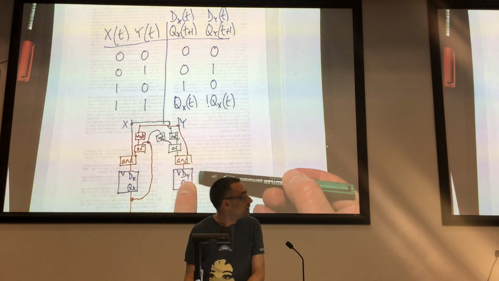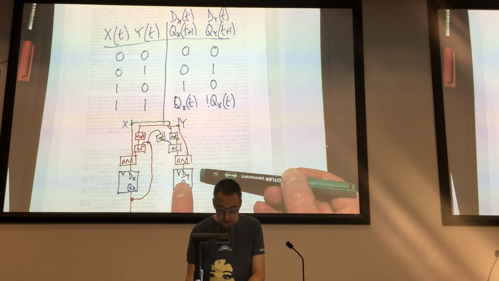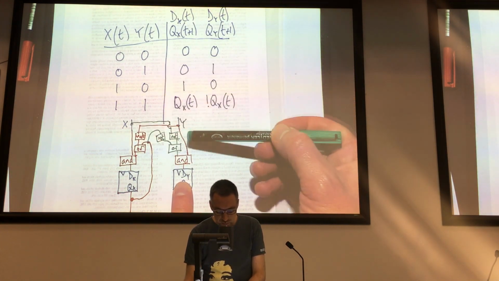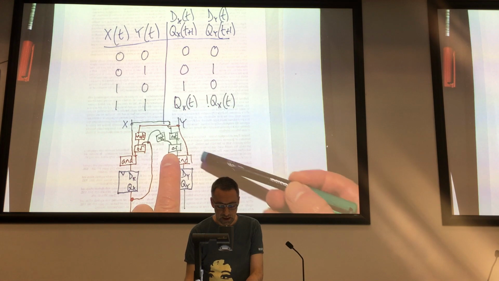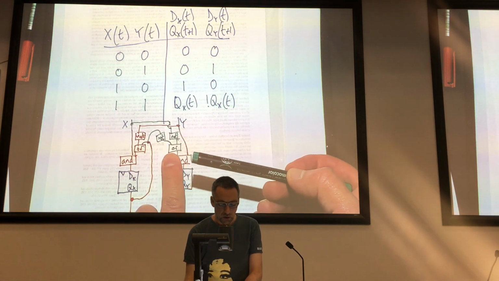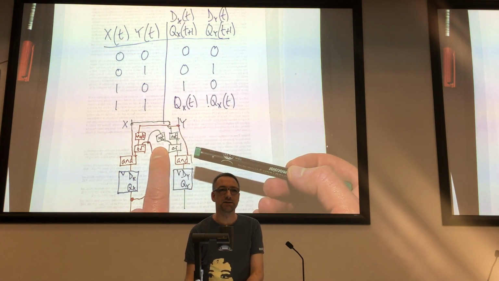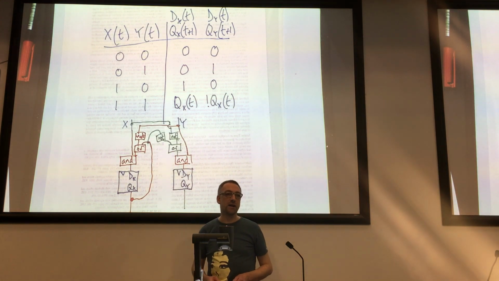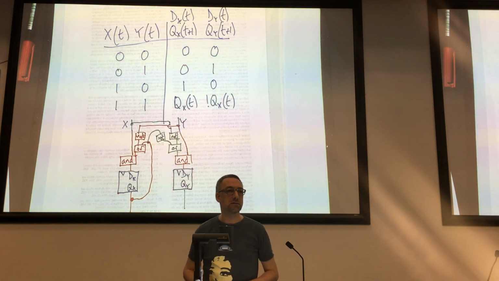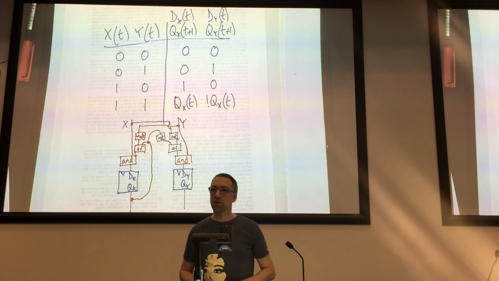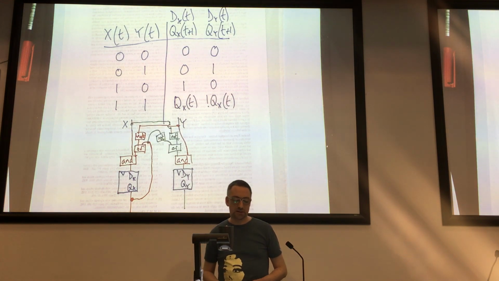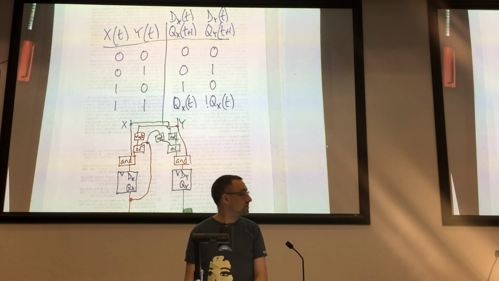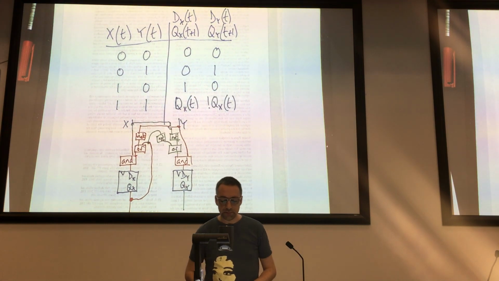Meanwhile, dy will be 1 if y is 1 and either x is 0 or qx is 0. So either Xavier doesn't want to play or he isn't currently playing. So we've coded up the logic correctly. This is the right circuitry to control the flip-flop.